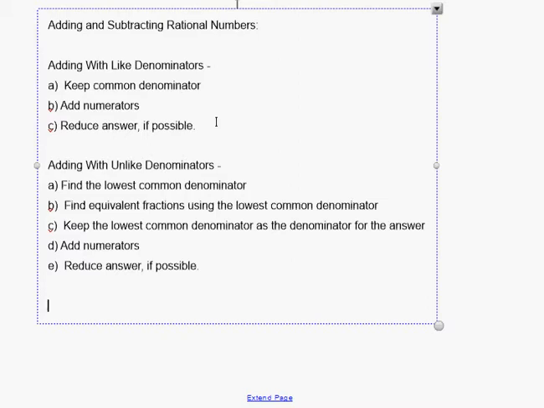Now, suppose you're subtracting rational numbers.